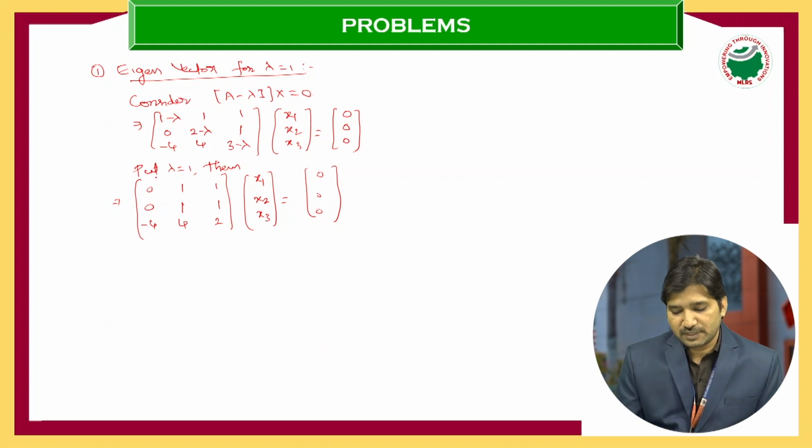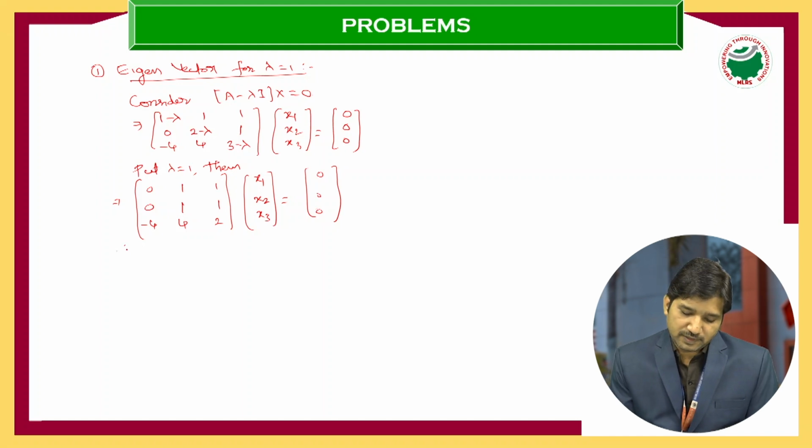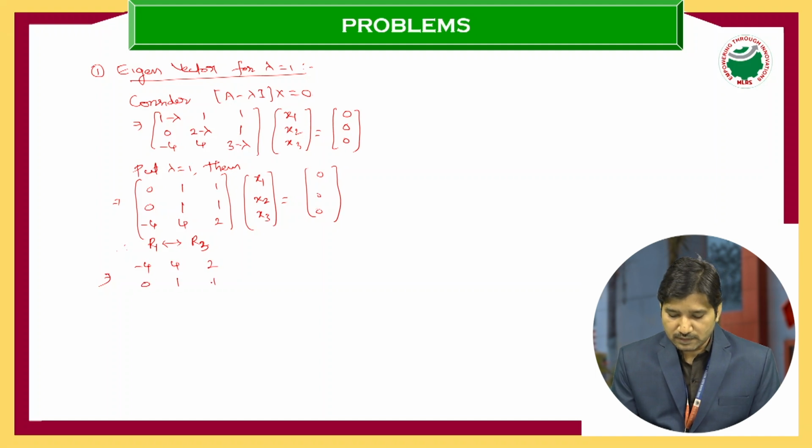Just to change row 1, R1 and R3 are interchanged for our convenience. We can write minus 4, 4, 2; 0, 1, 1; 0, 1, 1.